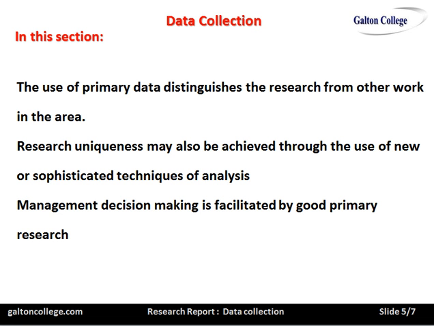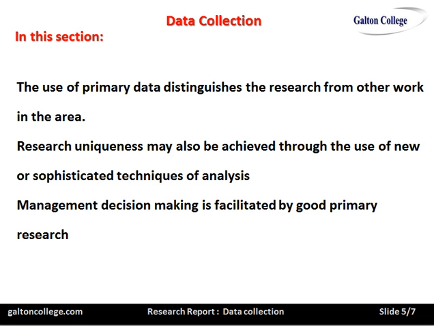Management decision-making is facilitated by good primary research. Management decision-making, if it's based on secondary research, on published data, then the competitors can get access to that data as well. So the competitors' decision-making will be similar. There's no advantage to management in using secondary data.